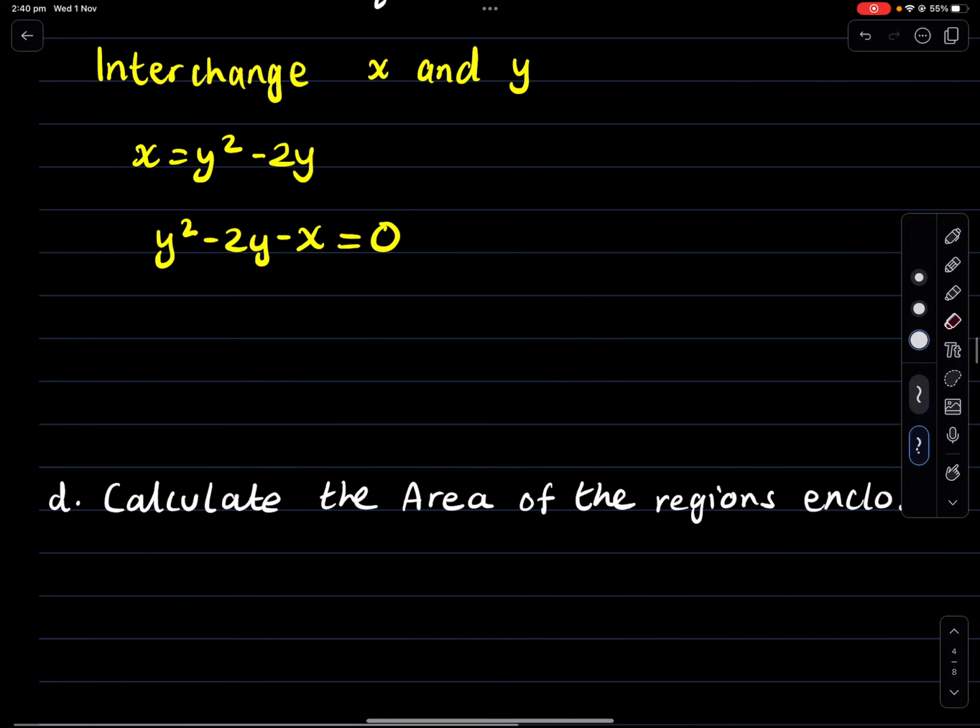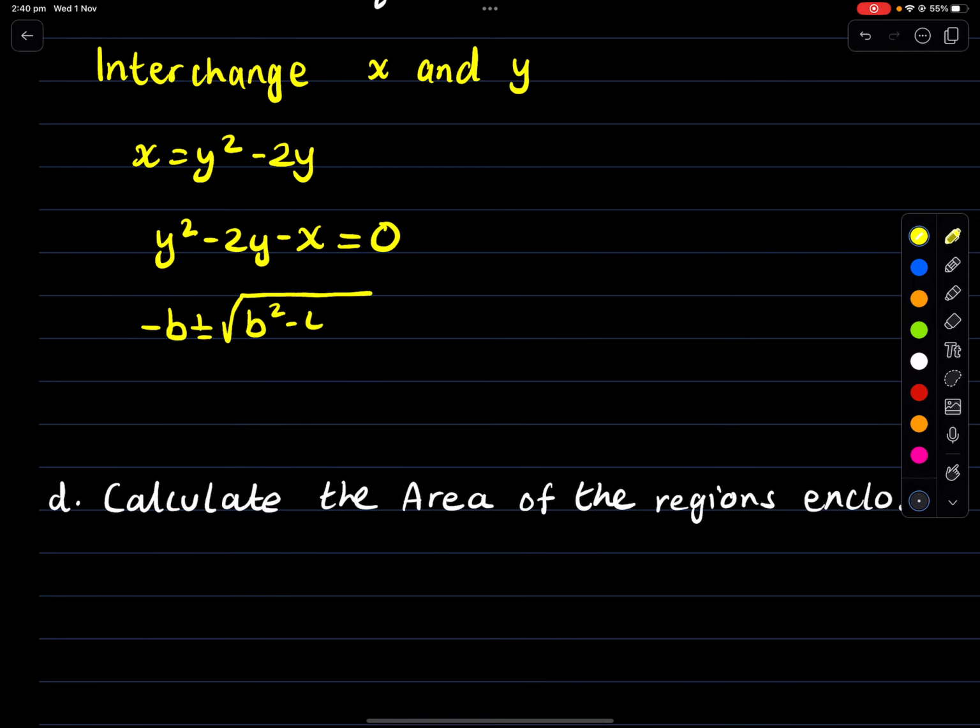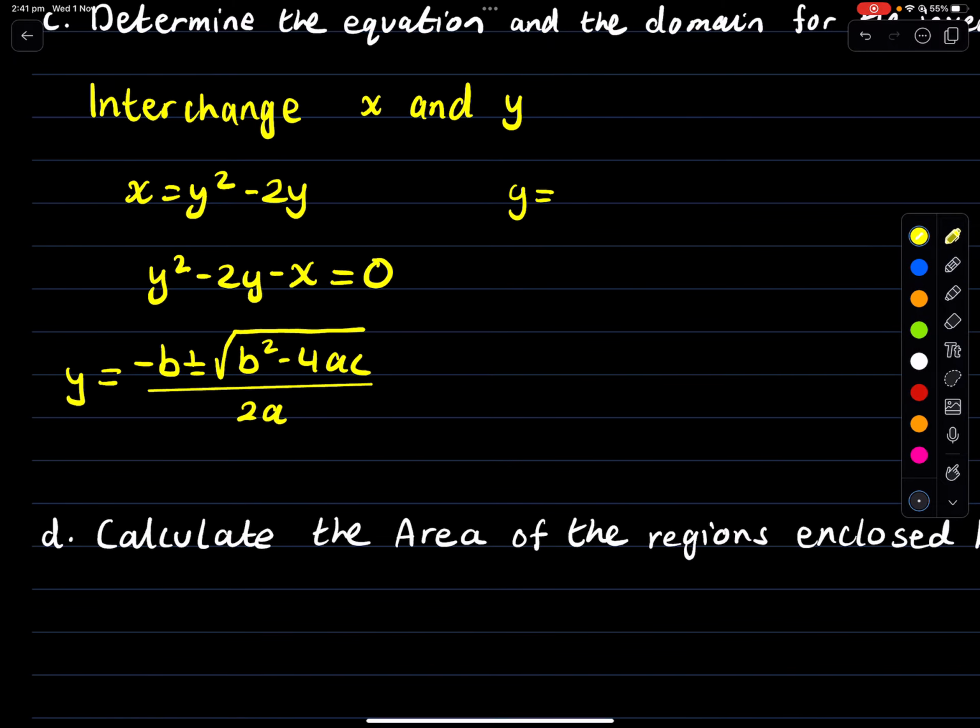Using the quadratic formula, negative b plus or minus the square root of b squared minus 4ac, all over 2a, gives us a y value. So y is 2 plus or minus the square root of negative 2 squared, which is 4, minus 4 times 1 times c, which is negative x, all over 2.